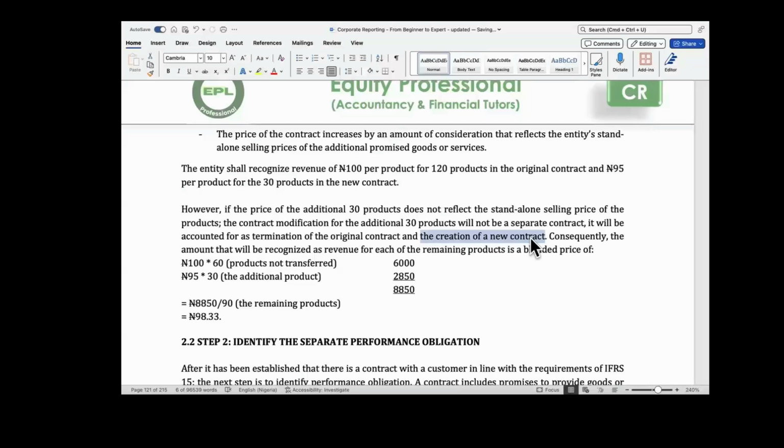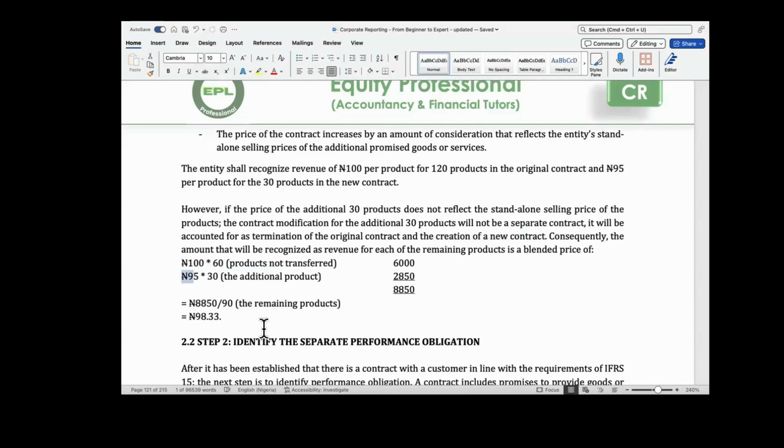Okay, and I did some calculation of how we're going to recognize the remaining revenue, which is quite straightforward: the remaining 60 products at 100 naira, the extra 30 products at 95 naira. Okay, so that's step 1.